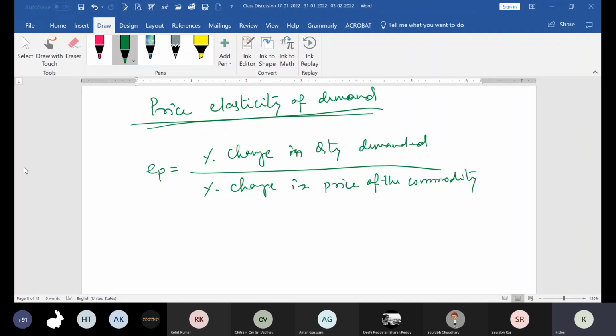Or in another way, we can express it like del Q. Think about this demand curve, because right now we are discussing price elasticity of demand. Suppose this is point A and this is point B. Suppose this is P1, Q1, and here it is Q2, and P2 also you can use, or P not, whatever.